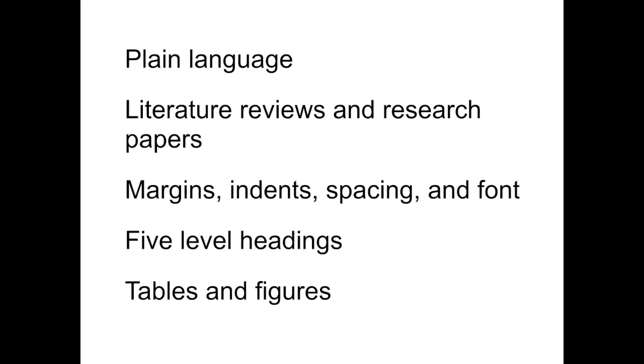We learned about the 5 levels of headings. Remember, these are the headings within the main body of the paper. It is not referring to the title, the abstract heading, or the references heading. And then we learned about tables and figures.